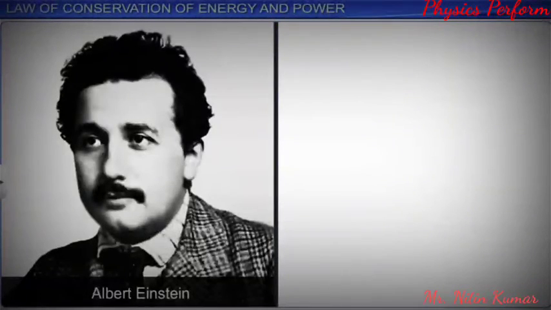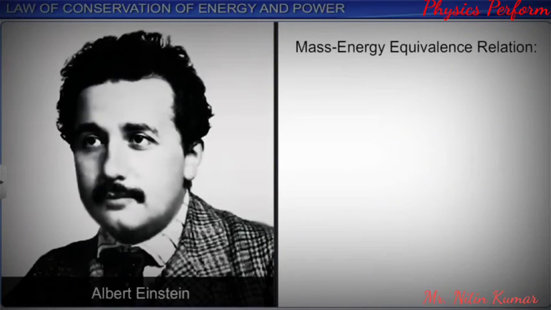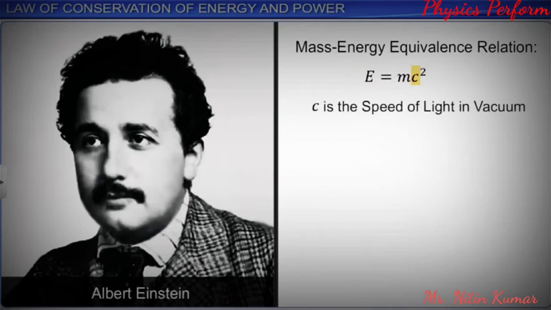However, Albert Einstein proposed his famous mass-energy equivalence relation, E is equal to mc², to show that mass and energy are equivalent. In this relation, E is equal to mc², and c is the speed of light in vacuum, which is approximately 3 × 10⁸ meters per second.